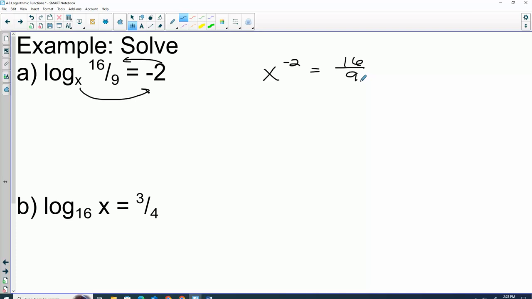Okay. What would we do from here? Okay. A negative exponent means 1 over x squared equals 16 over 9. Now what?